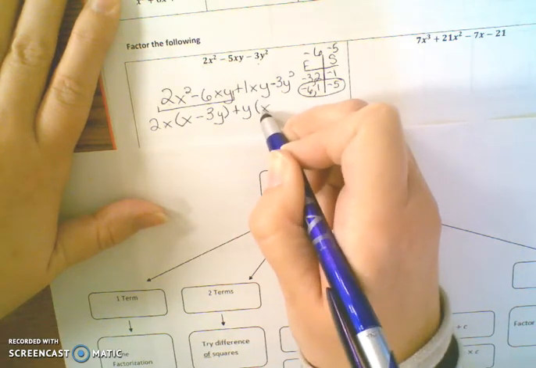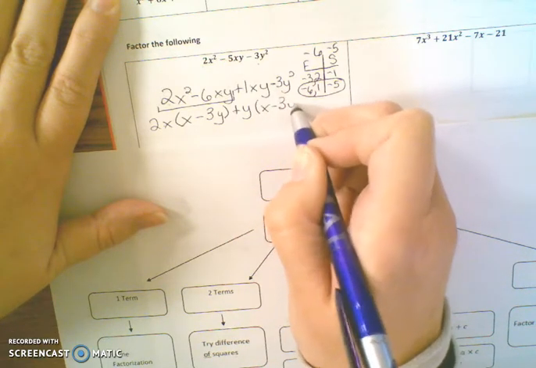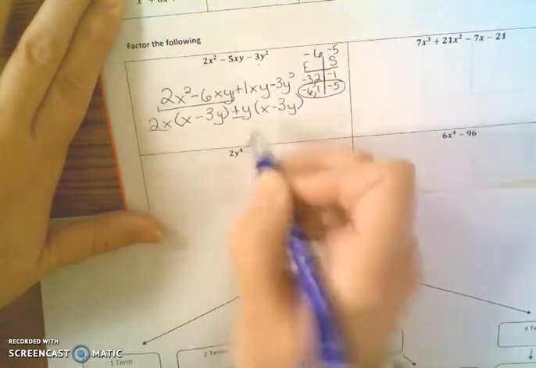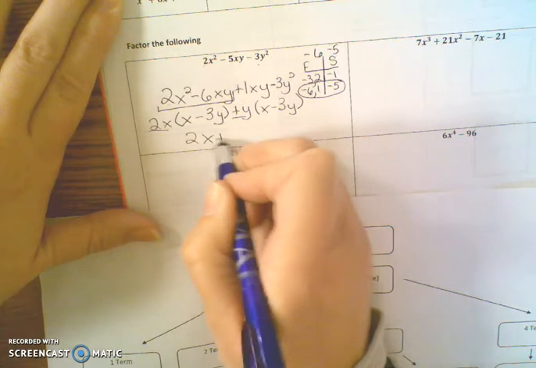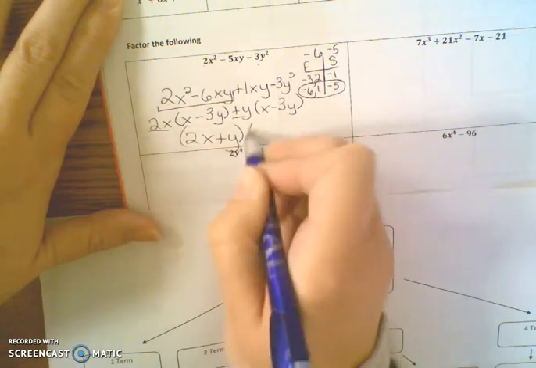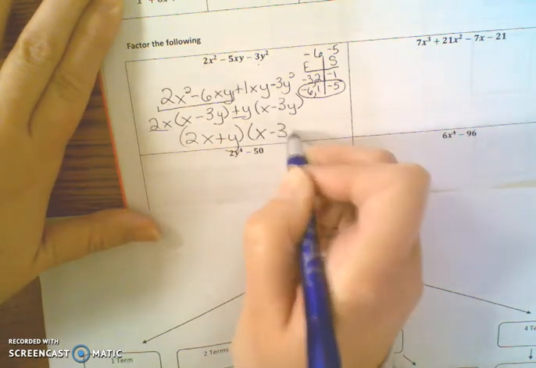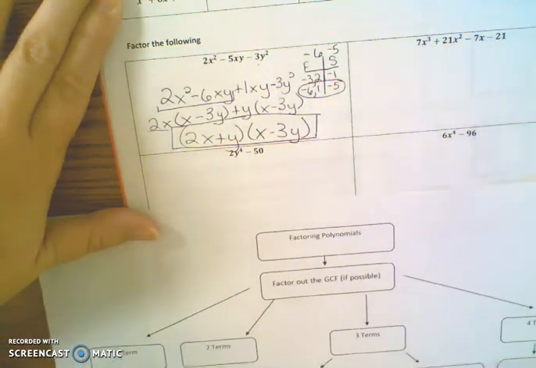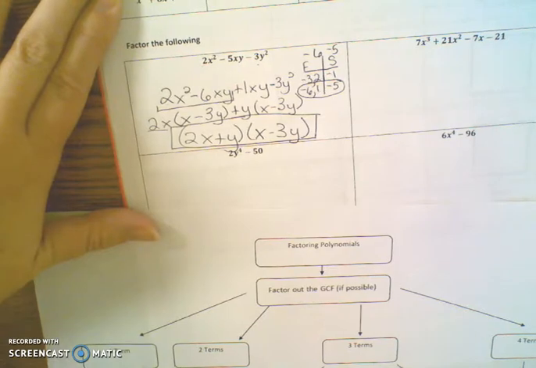And so I get x minus 3y. And so then these go together, so 2x plus y, and then x minus 3y. So that's my final answer on that one.